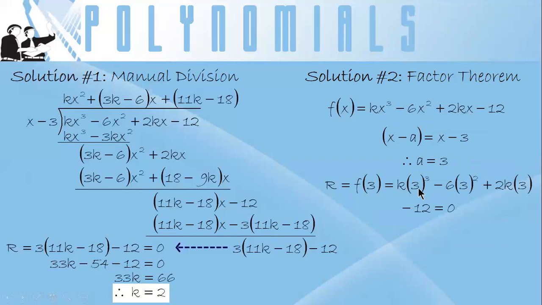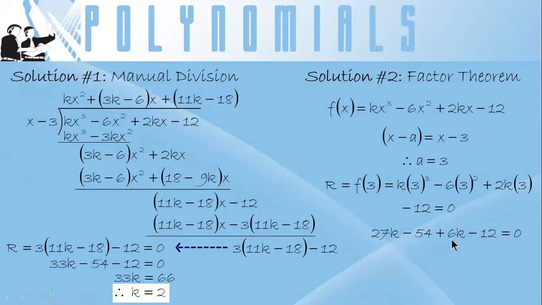k times x cubed minus 6x squared plus 2k times x minus 12 equate to 0. And then simplify. 3 cubed is 27k. 3 squared is 9 times 6, negative 54. Plus 6k minus 12.